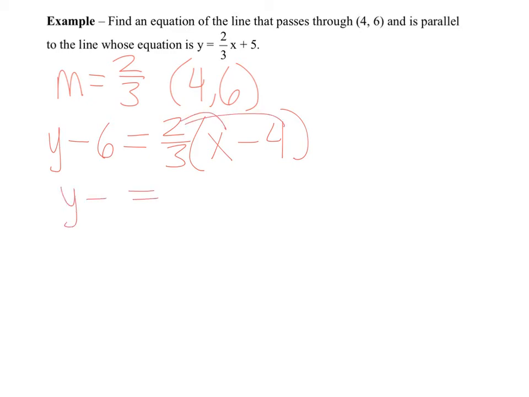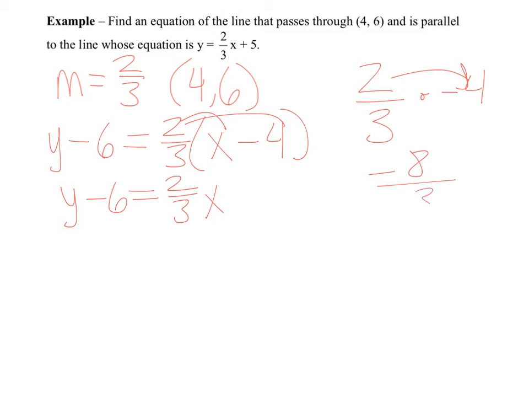So I distribute my slope. 2/3 times x is 2/3 x. 2/3 times negative 4. When we multiply a fraction by a whole number, all we do is we take the numerator times the whole number and we keep the denominator. And then we'll simplify. So negative 8/3.